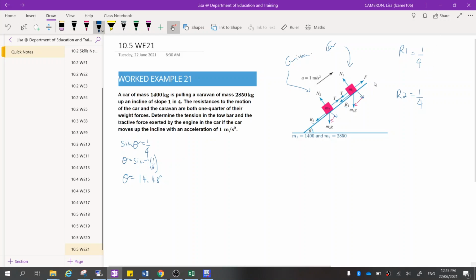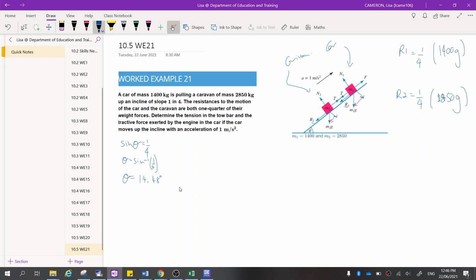Okay, so that means that if we're calling this R1, then that has to be 1/4 of 1,400 G, and then this one has to be 1/4 of 2,850 G. Okay, so now we can start looking at figuring out these systems.